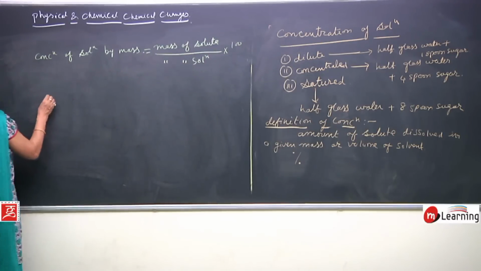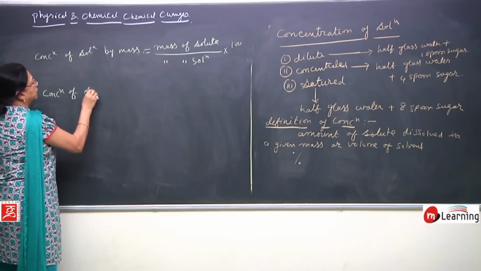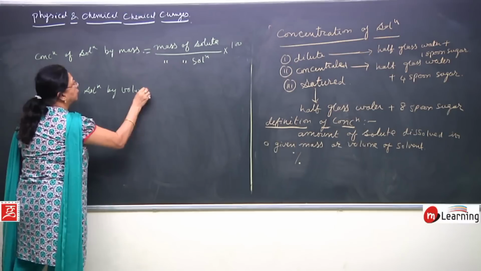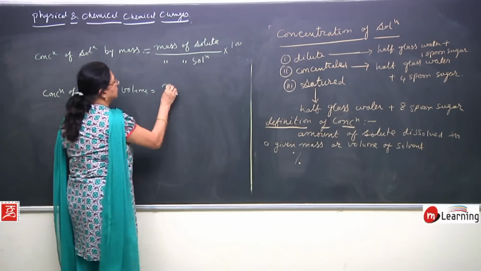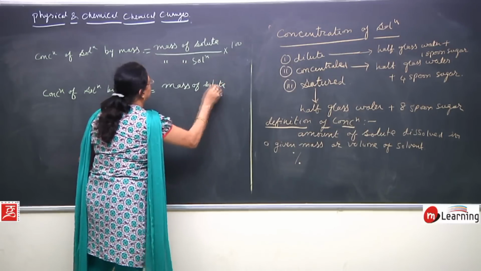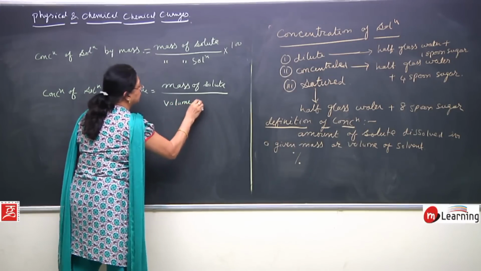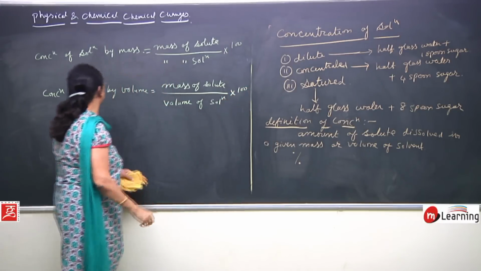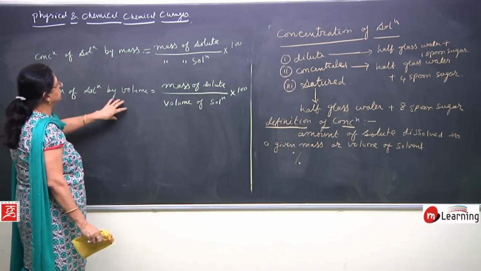Now, concentration of solution by volume, in terms of volume, is mass of solute upon volume of solution into 100. So, concentration you can find out either in terms of mass or in terms of volume.